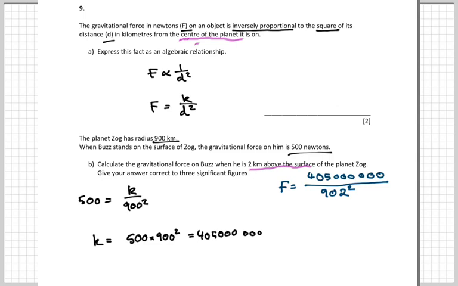So it's 902, not just 2. That was a common error, to misread that really subtle point. If you substitute that in, you get f is 405 million divided by 902 squared, giving you 497.7 and so on. So to 3 significant figures it is 498 newtons. And that was the answer to this question.